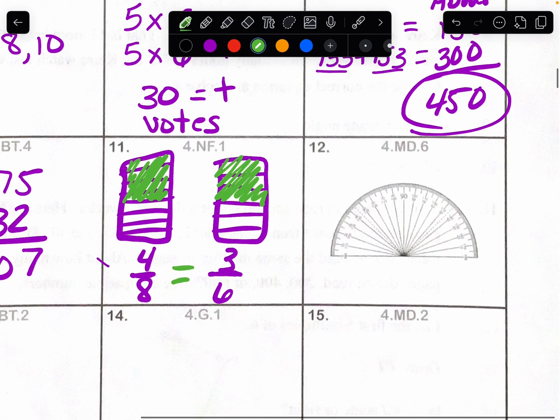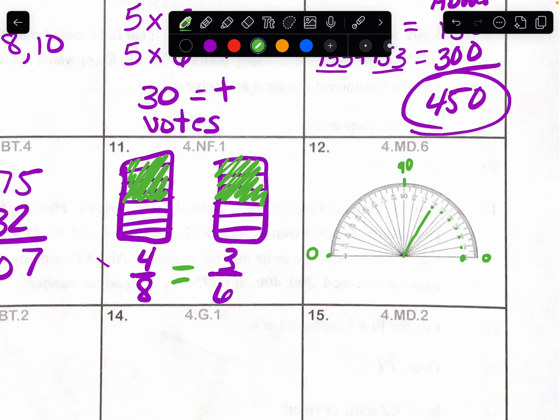All right, number 12, you do not have a protractor, but we are going to draw a 60-degree angle, and we're going to label it QWE. So this right here is actually 0, and this up here is 90, and this over here is also 0. Okay, so we want 60 degrees. So if you notice, this is 10, 20, 30, 40, 50, 60.